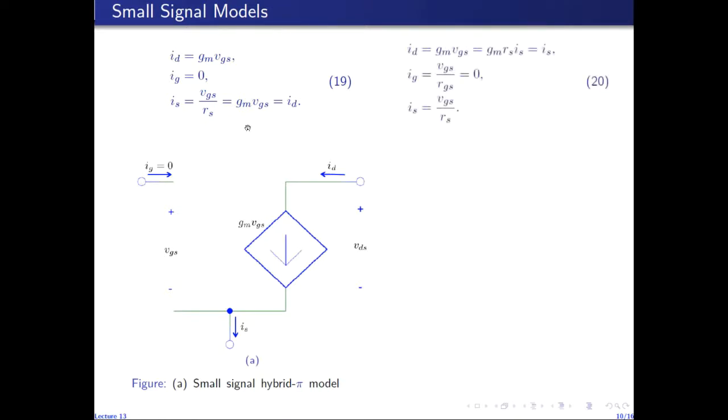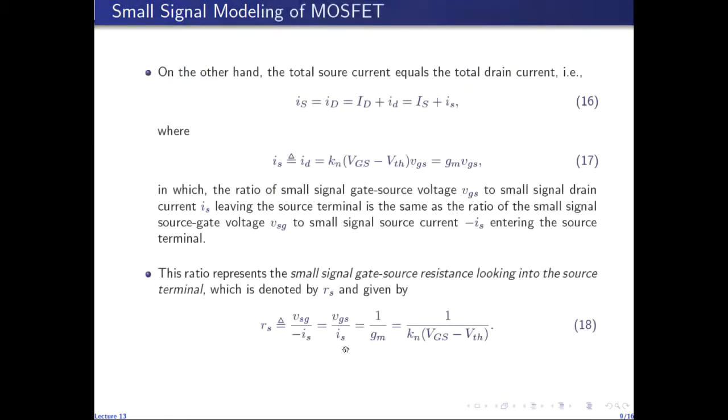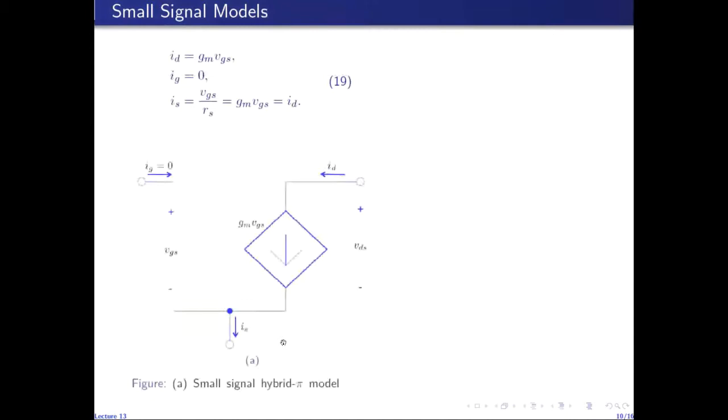Similarly, we can rearrange these relations such that we can write GM VGS, since VGS from this relation is equal to IS RS, as GM IS RS. And since RS is 1 over GM, we can again see that ID is equal to IS.